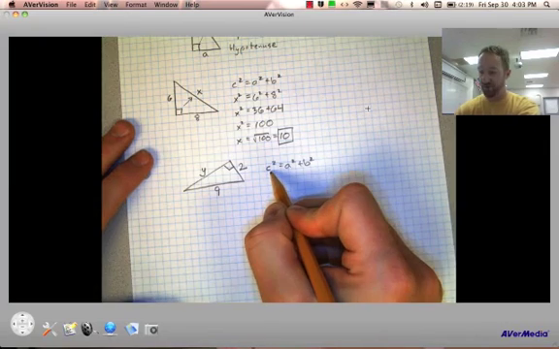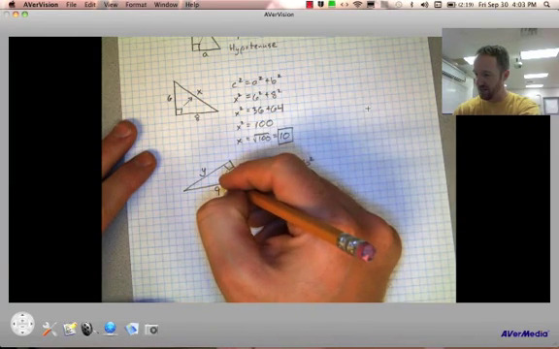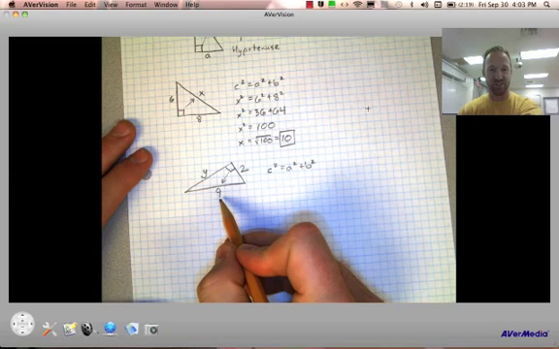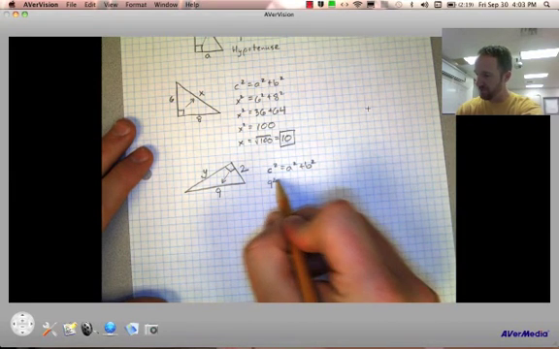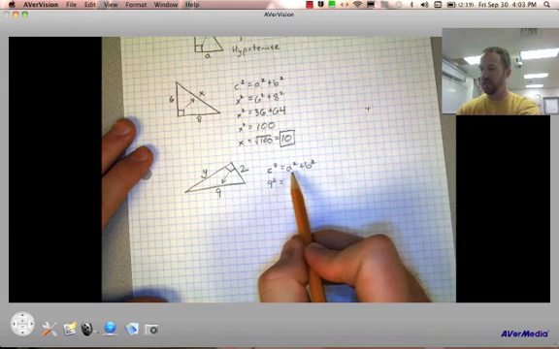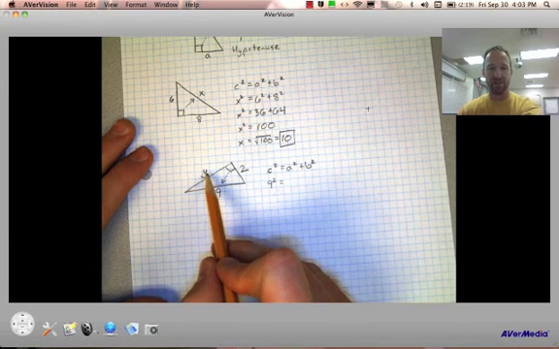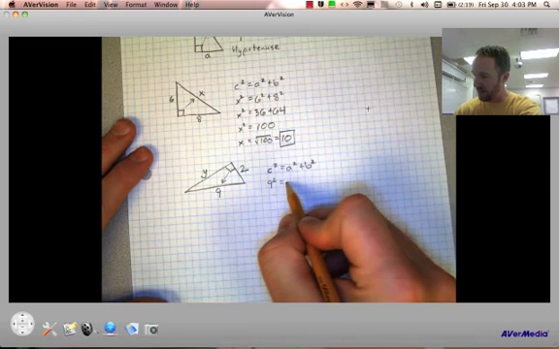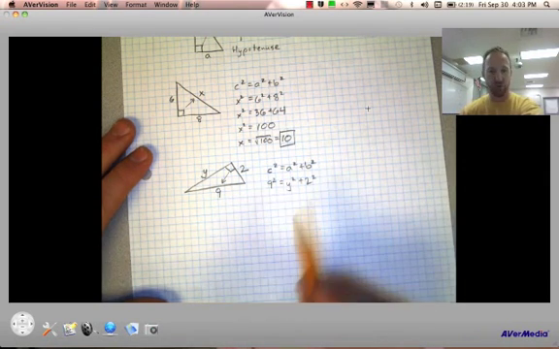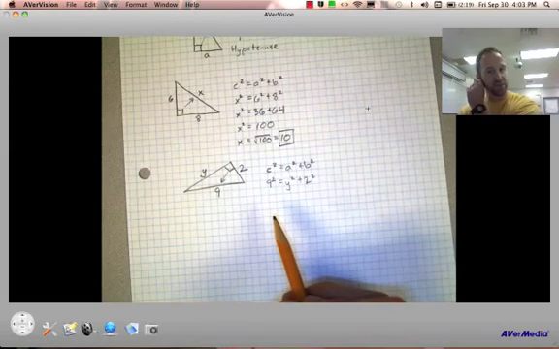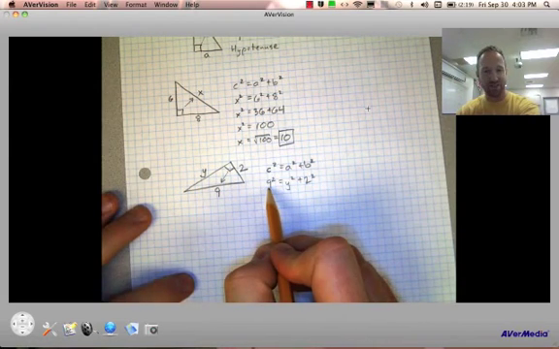Again, it's the hypotenuse. It's the side that's opposite the 90-degree angle. In this case, that's the 9. So the 9 goes in here for c. a and b are the other two sides, y and 2. They're interchangeable. We could put y squared plus 2 squared, or we can put 2 squared plus y squared. Either way you do, it's fine. As long as you've got the longest side right there, you're okay.